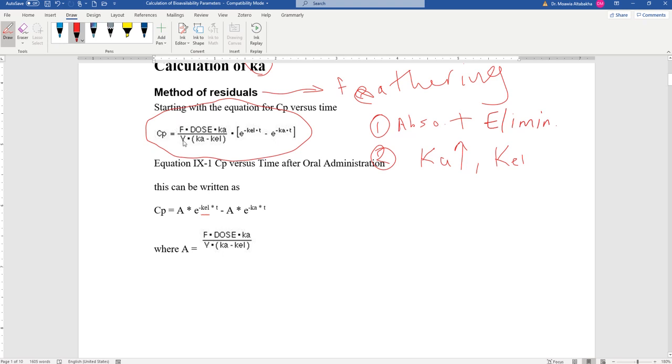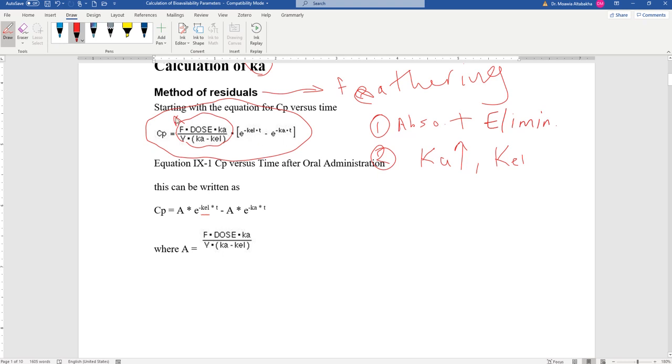We said that this part is constant, so I can consider it as A. A is equal to F times the dose times Ka, divided by V times Ka minus Kel. This A is multiplied by the difference between two exponents.